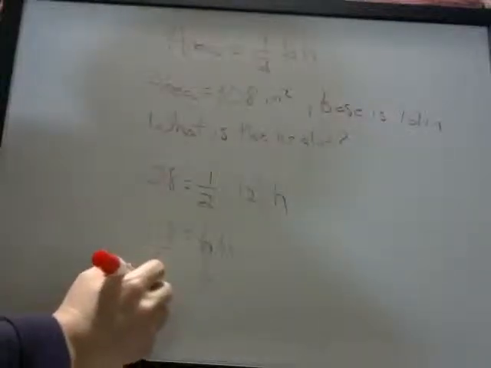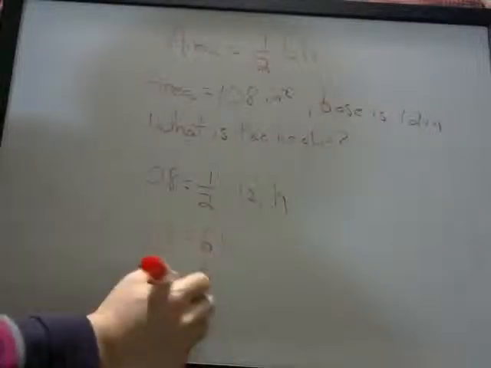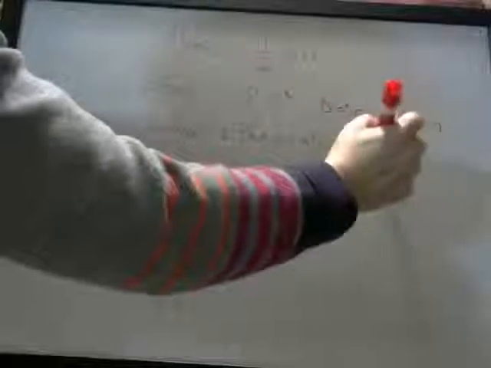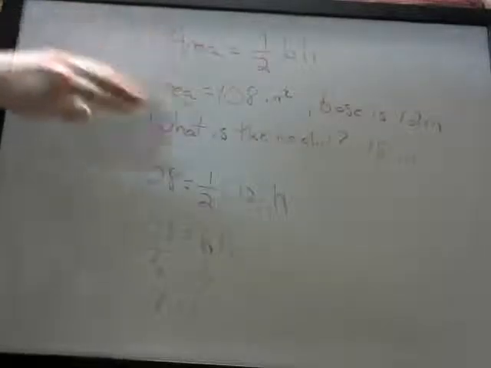So 108 divided by 6 is going to be 18. 6 and 6 cancel. So the height is 18 inches. And that's how you would solve that. It's the same formula. You just plug in the numbers that you know and you solve for the ones that you don't know.